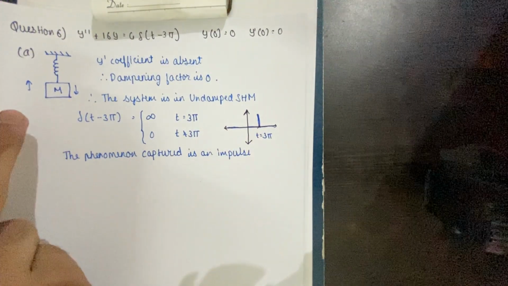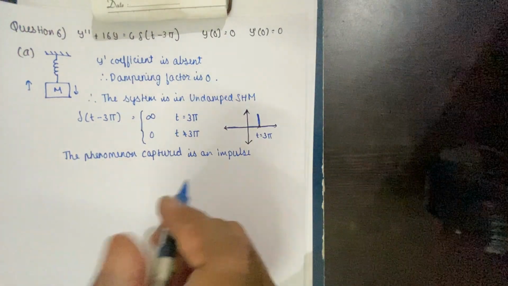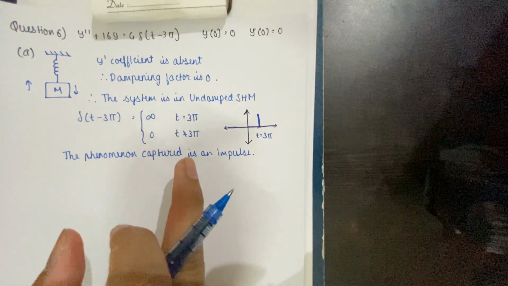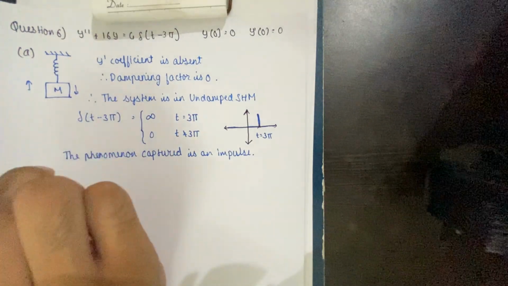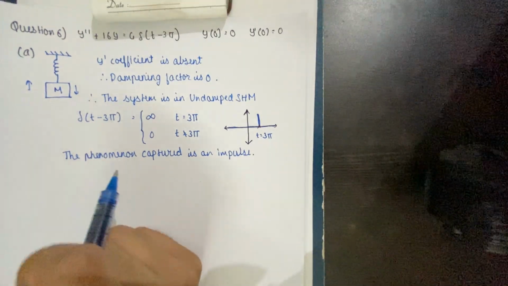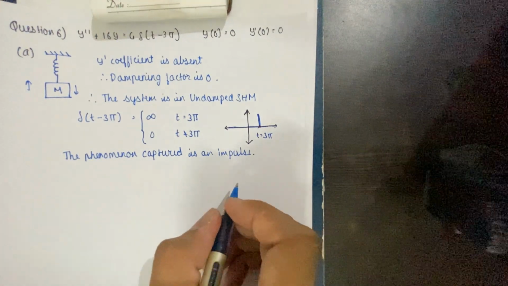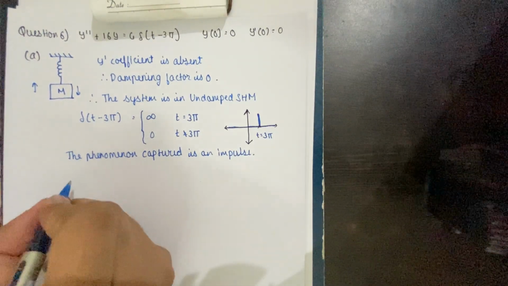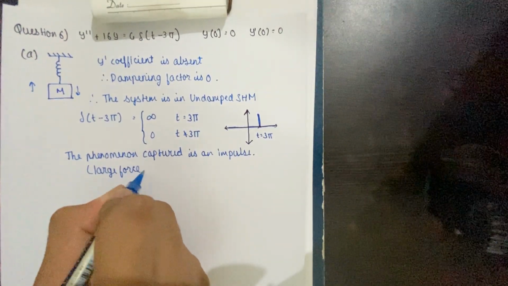Assuming that the system was at rest before it received this impulse, this impulse starts a simple harmonic motion, and since the damping factor is 0, the system continues the simple harmonic motion for an infinite period of time. Again, impulse is a very large amount of force in a very short period of time. So, large force, short time.